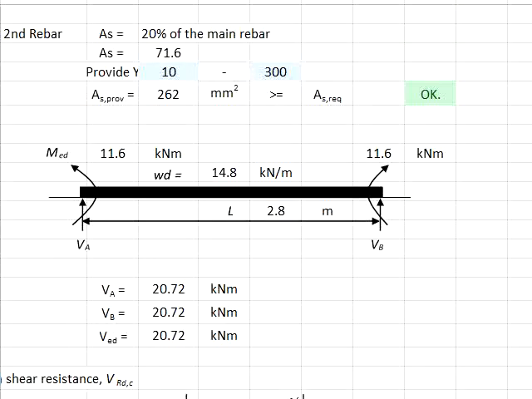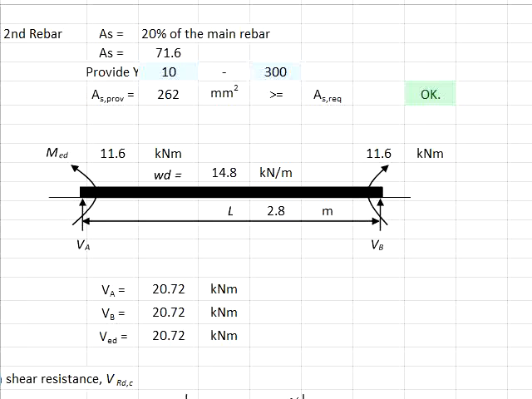Now that we have the primary and the secondary reinforcement bar design, our next step is to check for the shear reinforcement. We need to decide whether shear reinforcement is required.